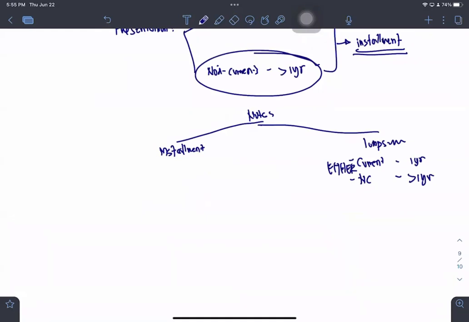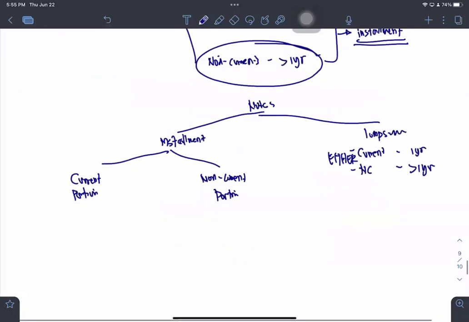In installment, there is a current portion and non-current portion. The current portion is the amount collectible in the next period, while non-current portion is the remainder.